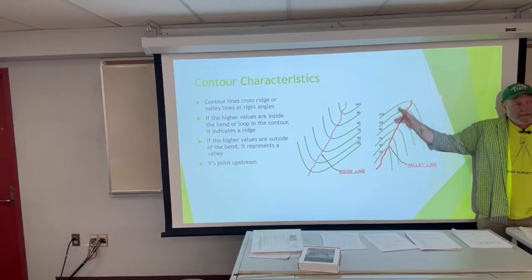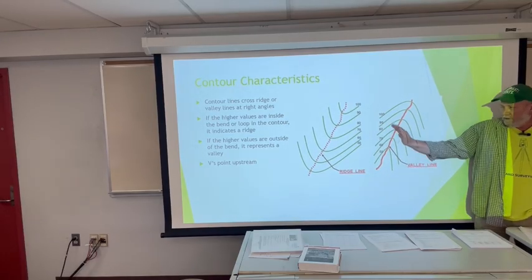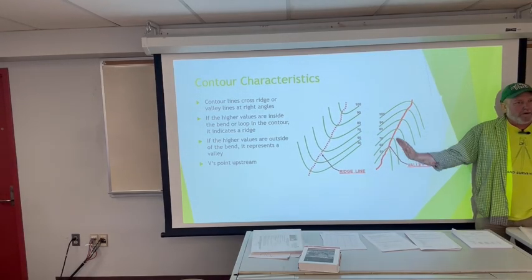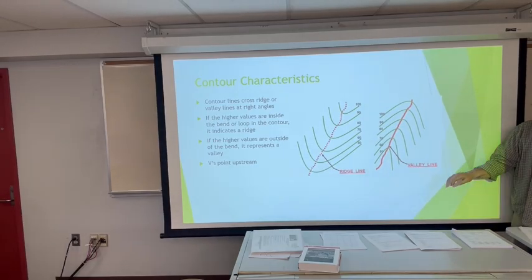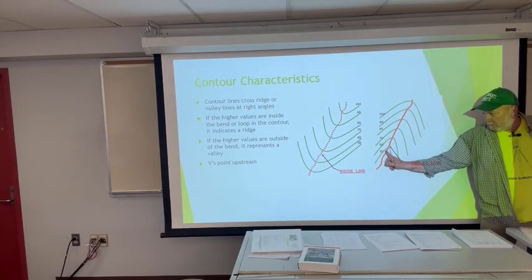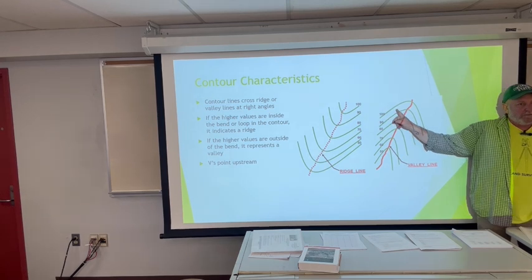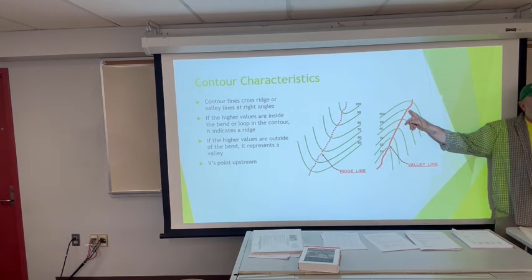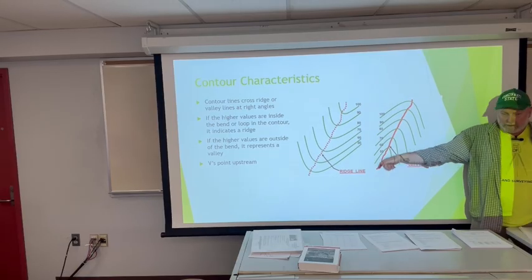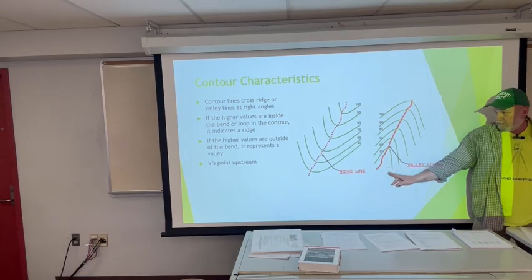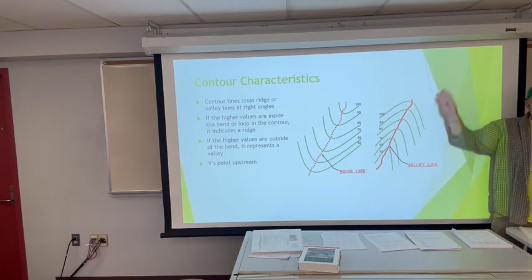Where your creeks and things like that will usually have a sharper, a little more pronounced V shape to it. And the V is pointing upstream, where the water's going, not where the water's coming from. Wow. What are you doing, Chris? So the water's actually flowing downstream this way, but the V itself is pointing upstream.